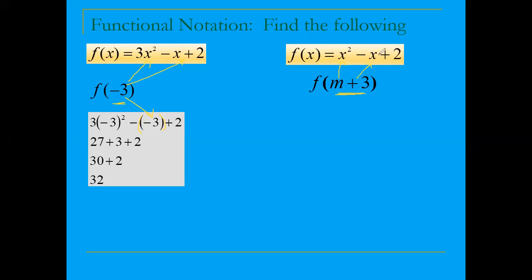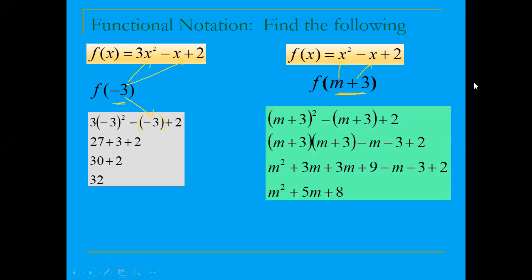Good. And then what you get as a result is what we have here. So we're going to have m plus 3 squared minus m plus 3 plus 2, okay? Then you expand this one as m plus 3 times m plus 3, okay? Good. And then after that, you can multiply.